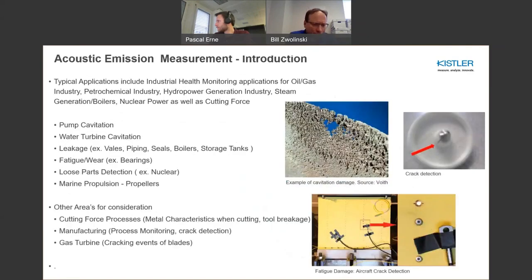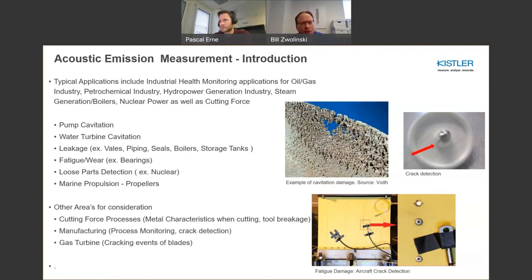Anyway, acoustic emission is one of the measurands I'm going to address today, and I'll tell you a little about that. But fundamentally, in these applications I spoke of, it could be the oil and gas industry, petrochemical, hydropower, steam generation, boilers, nuclear power, and even cutting force areas, which propagates over many industries, from aerospace to universities to automotive and so forth.